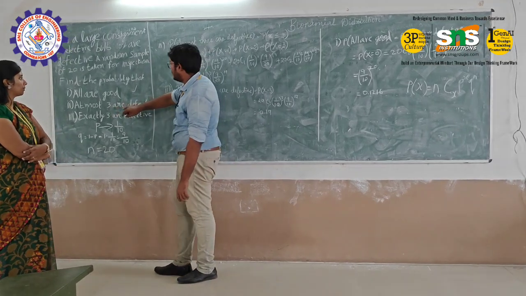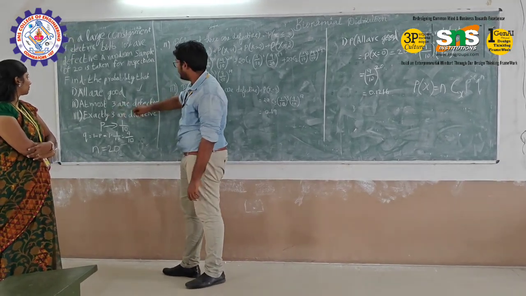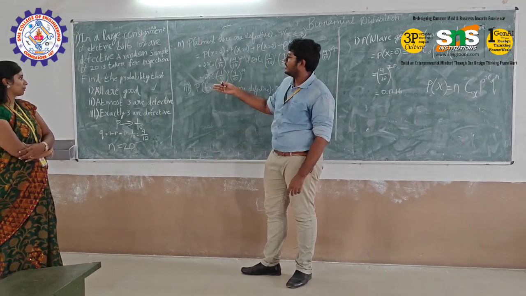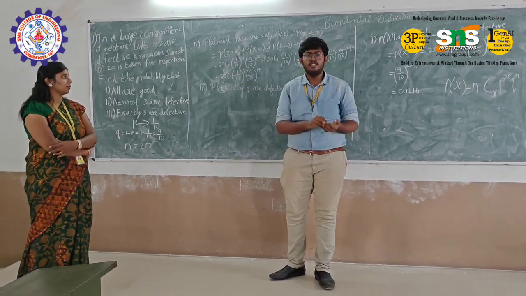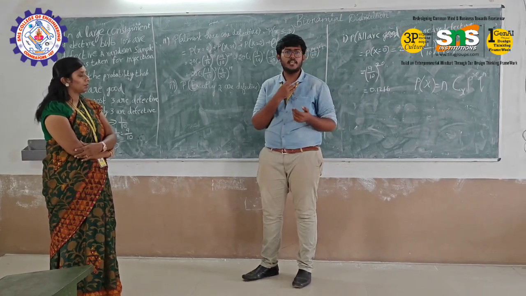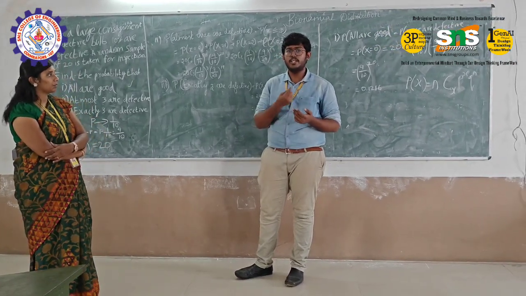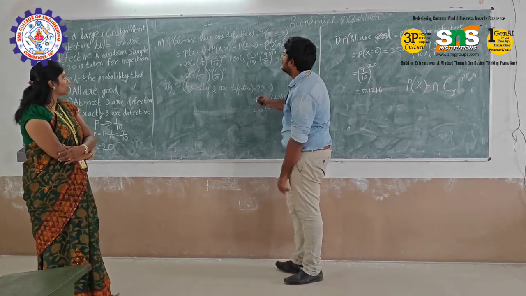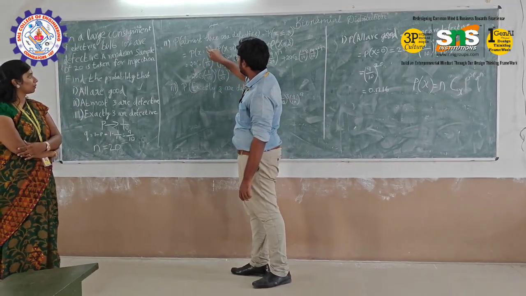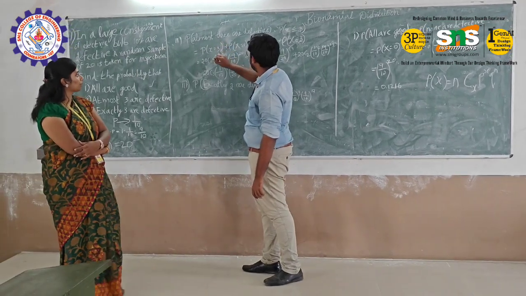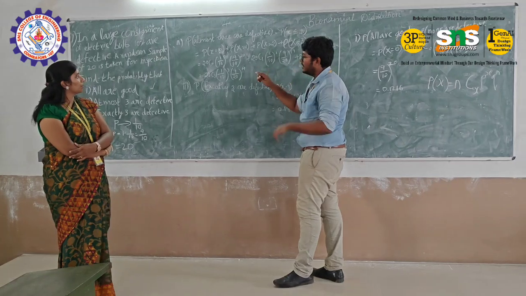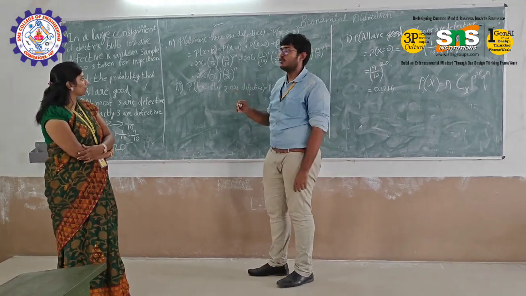Next is the second subdivision. They are asking for at most 3 defective. From the 20 samples, what if there are at most 3 defective? That means there can be none defective, or 1, or 2, or 3, but not more than 3. So P of x less than or equal to 3.